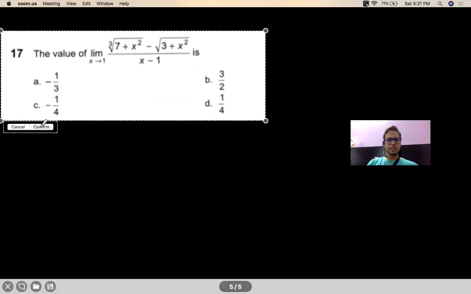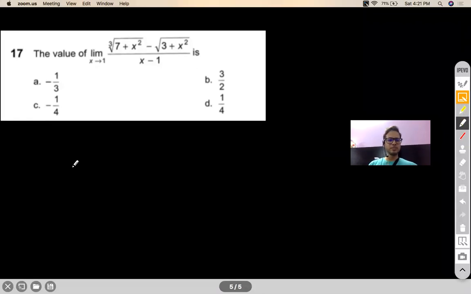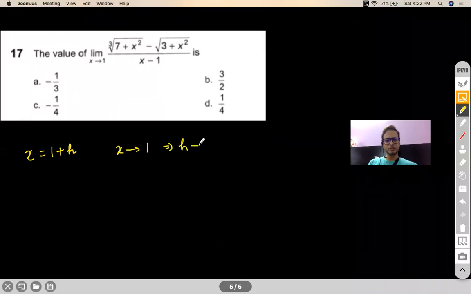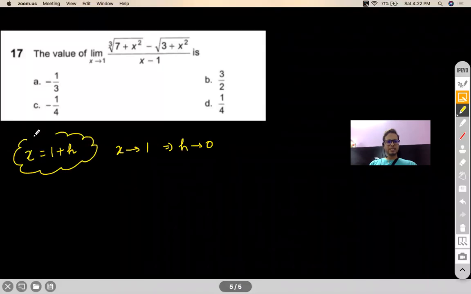Now to solve this, first of all, as x tends to 1, let me do this small activity here. I will write my x as 1 plus h. So as x tends to 1, it means h will tend to 0, right? So I'm replacing my x with 1 plus h in this limit.